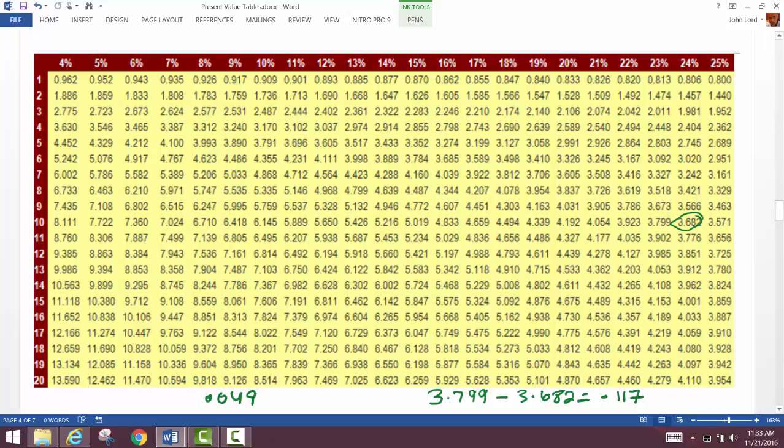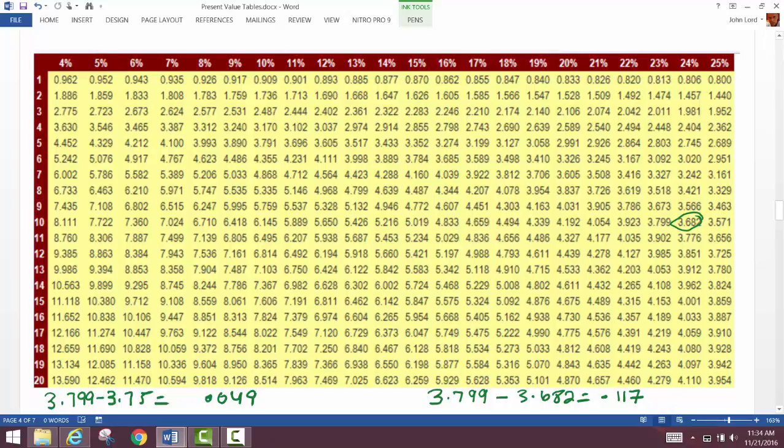That's 3.799 minus what we calculated the factor to be, 3.75. So that gives me 0.049 as the difference, right?